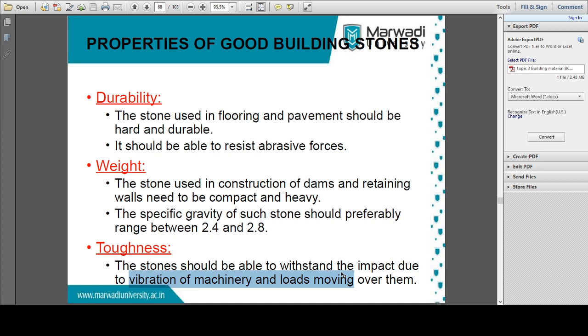This frequency will subject the material available below the machine to certain impact loading conditions, and ultimately cracks will happen, right? Many machines which are available in our lab have good foundations made up of either concrete or plain cement. Instead of that, we can also replace this below portion with stone, because stone has good toughness, right?